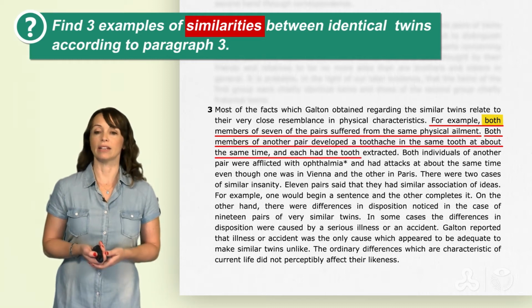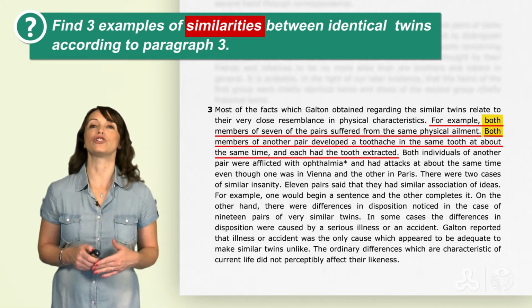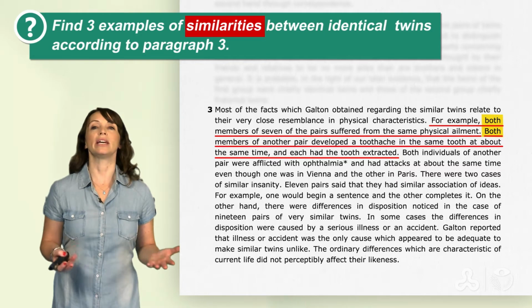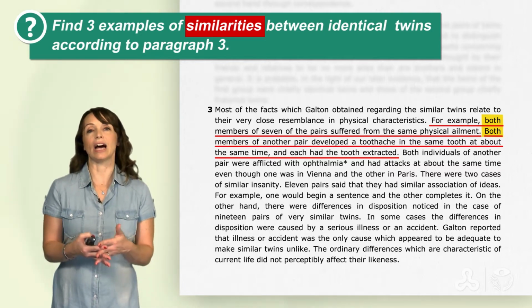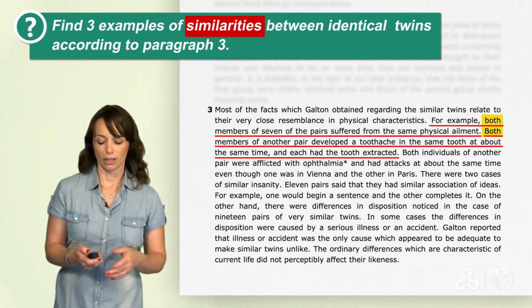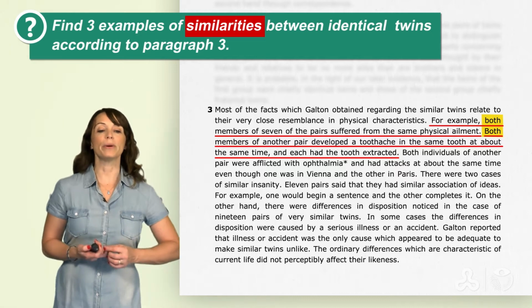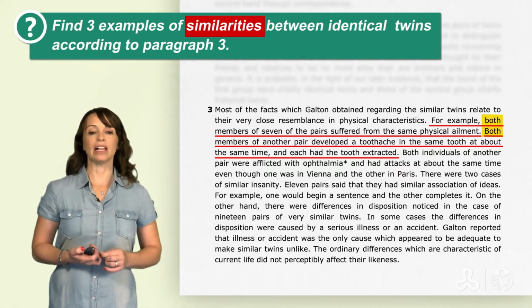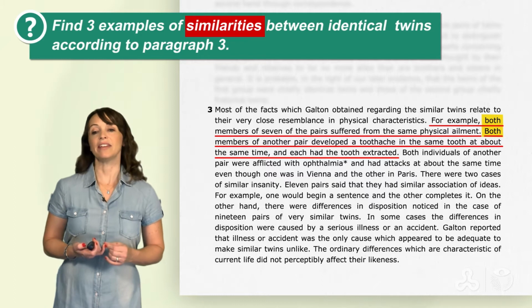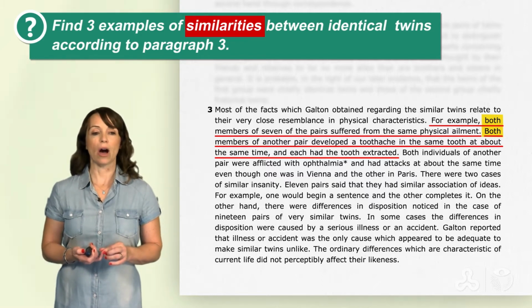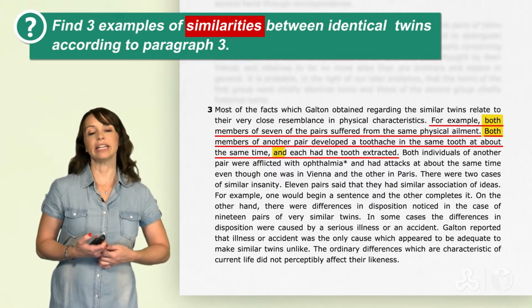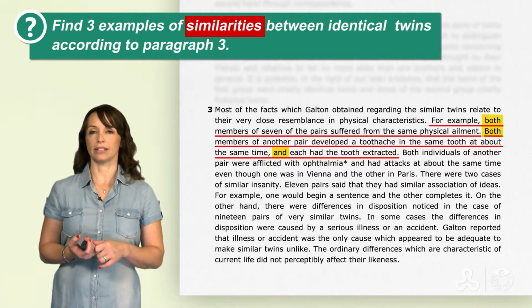Let's continue reading. So we see again the word both, שניהם, which gives me a generalization, איזושהי הכללה, שאומר ששני דברים דומים. So both members of another pair developed a toothache in the same tooth at about the same time, and each had the tooth extracted.